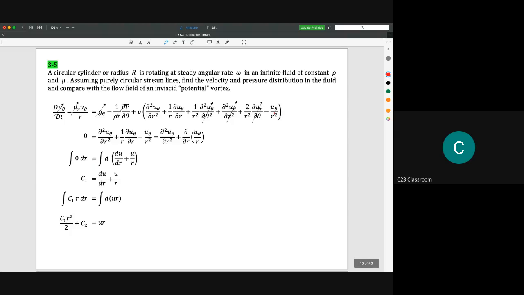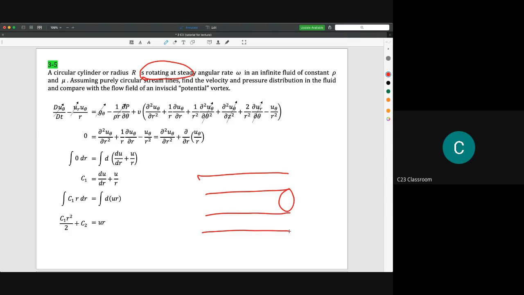Okay, again, let's say in question 3.5, it uses the same diagram as the previous question, but here the situation is that your cylinder is rotated at a certain velocity. So now, as I said, we have a cylinder here. Now the cylinder is not moving on the z-axis, it rotates at a certain velocity.